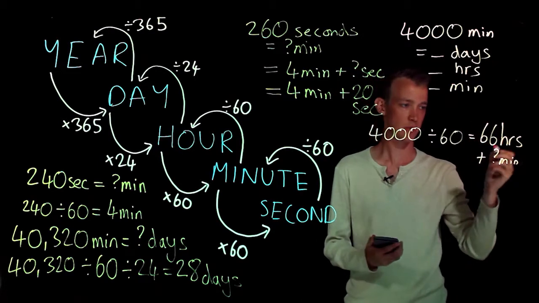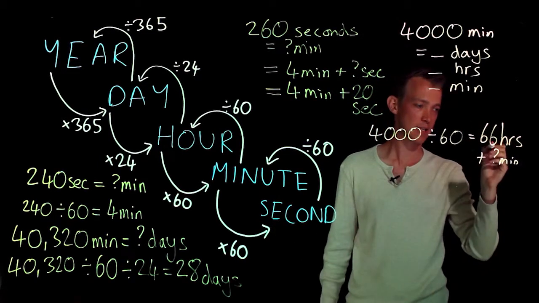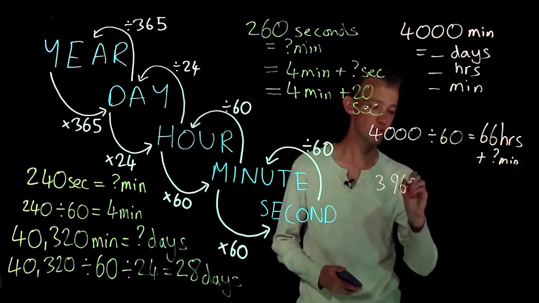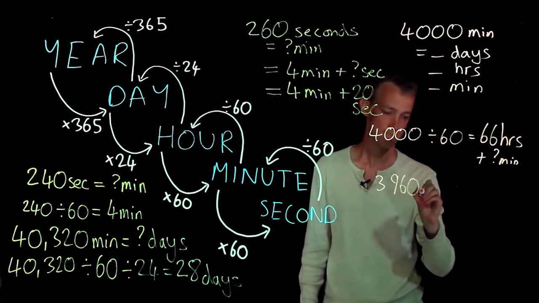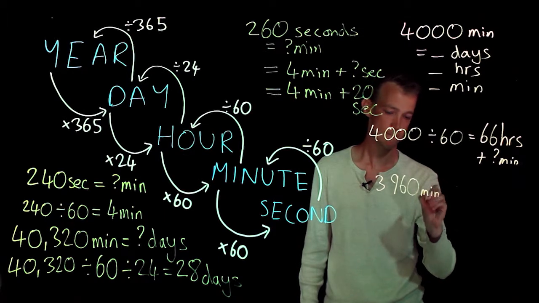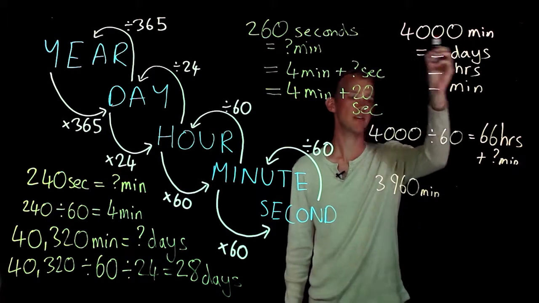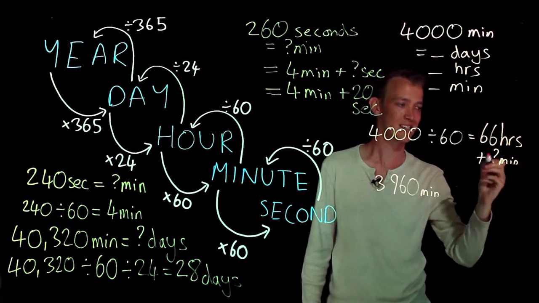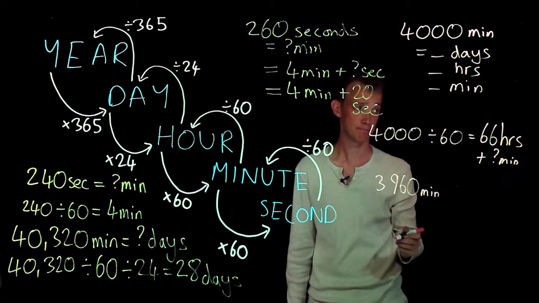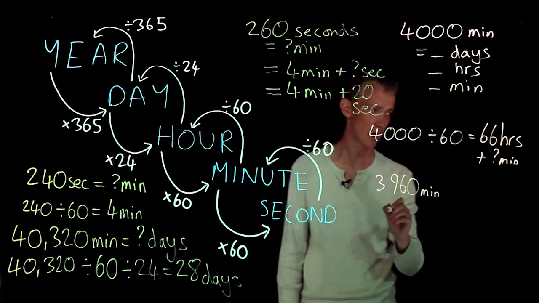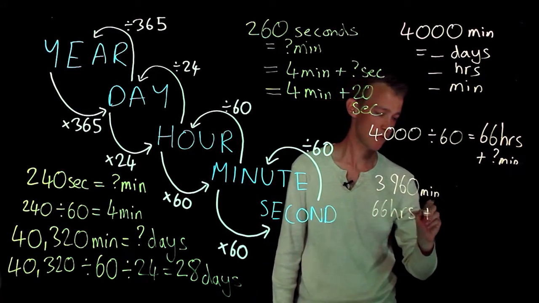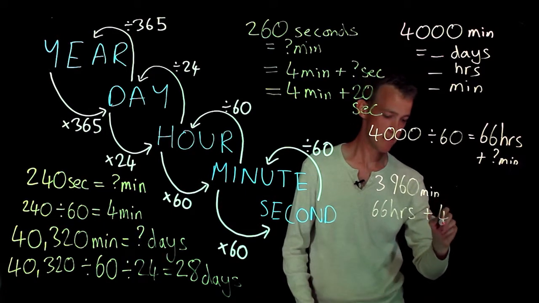This 66 hours here, according to my calculator, is worth 3,960 minutes. Now we had 4,000 minutes to start off with. That must mean that this number of minutes here is going to be 40. So I have 66 hours and 40 minutes.